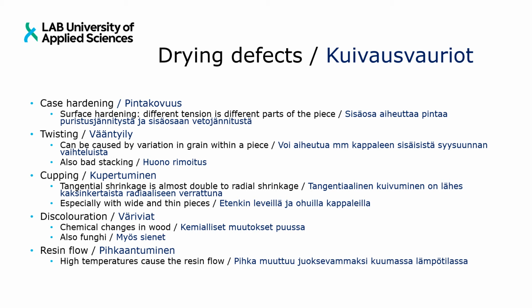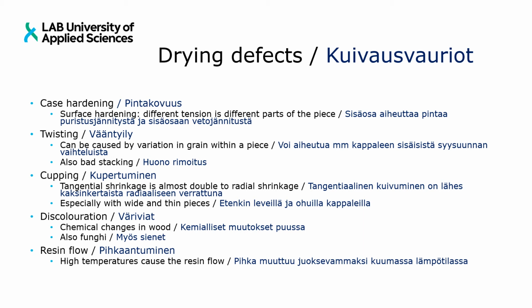If we then carry on to case hardening, it means that the top part of the piece is actually harder. So that will most probably cause more shakes. Then with the kilning, twisting. So the old song "Twist and Shake."